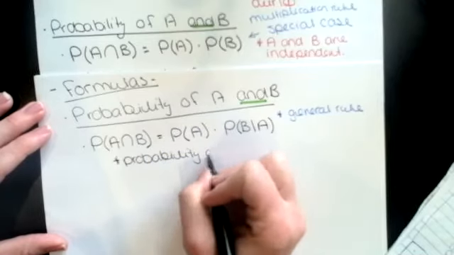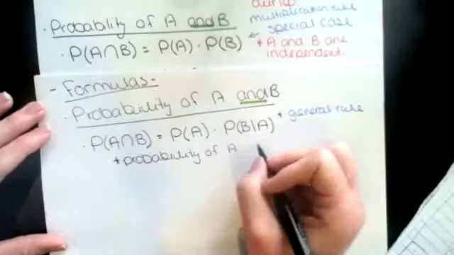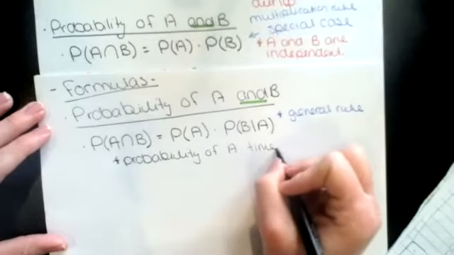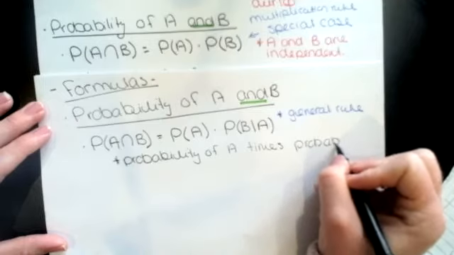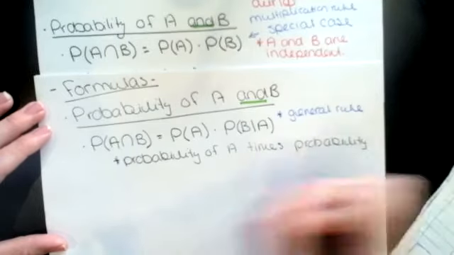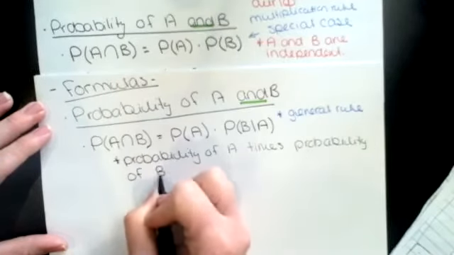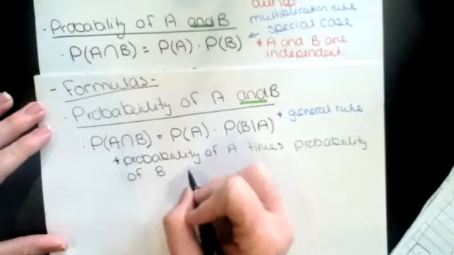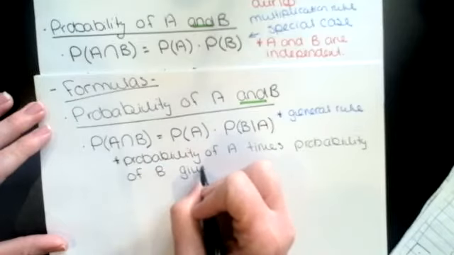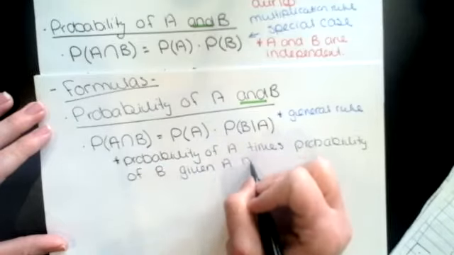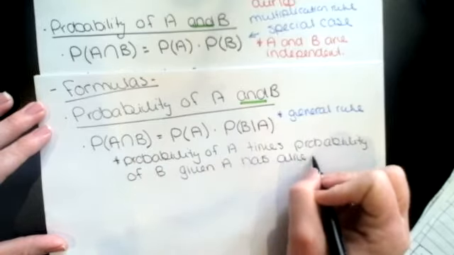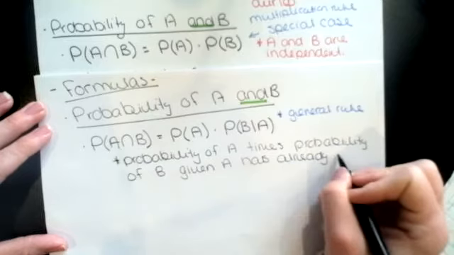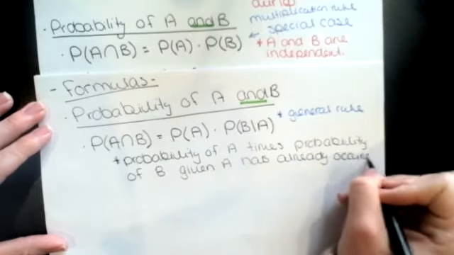So the probability of A times the probability of B given A has occurred. Okay.